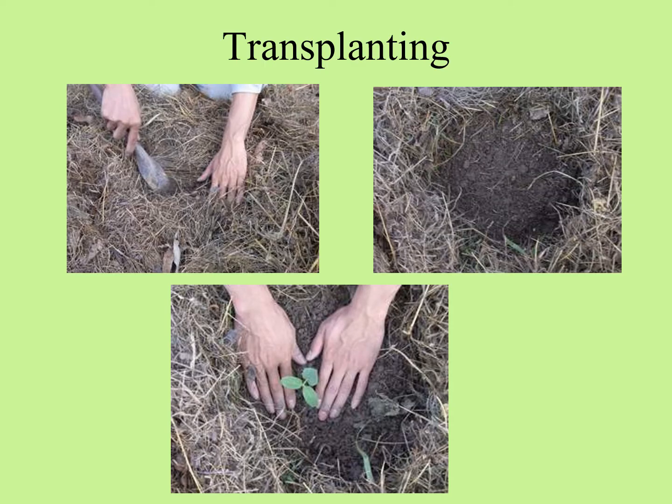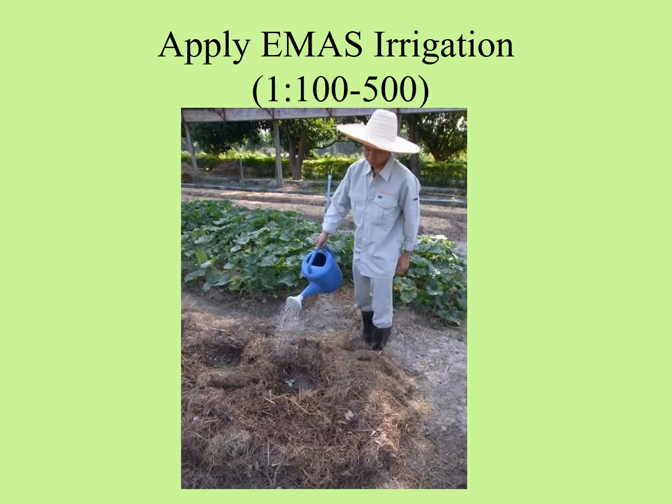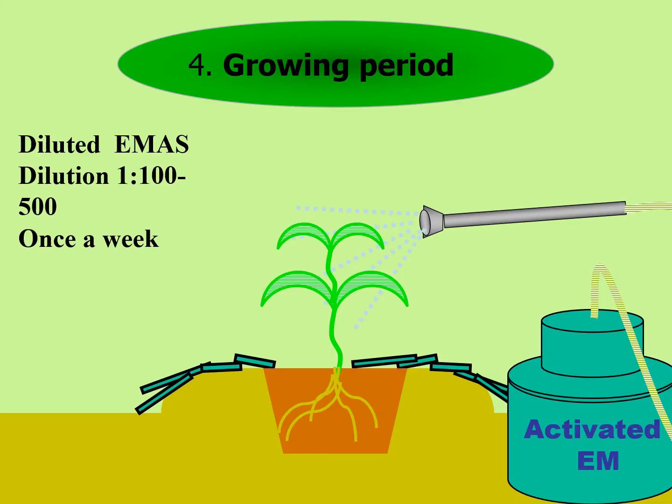Agriculture. Transplanting. You can use bokashi and you can use EMAS when transplanting plants. You can add EMAS like 1 to 100, 1 to 500 solution.